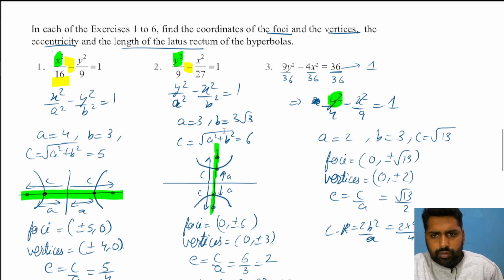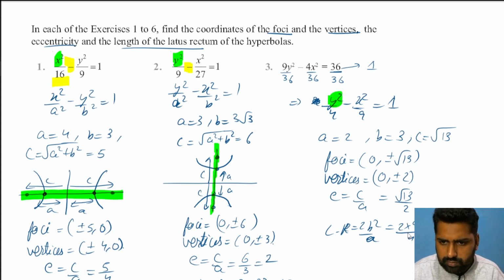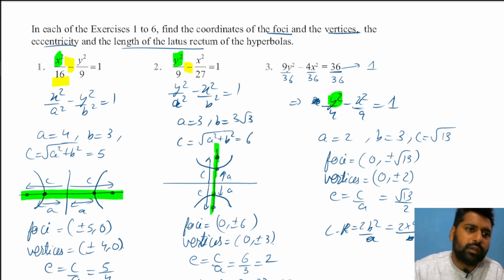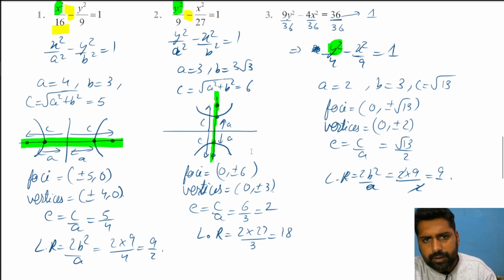A is 2, no? By mistake I've written 4, so change it. 2 b square was 9, A was 2. You get the value of latus rectum as 9.